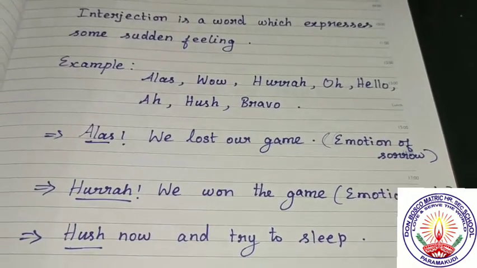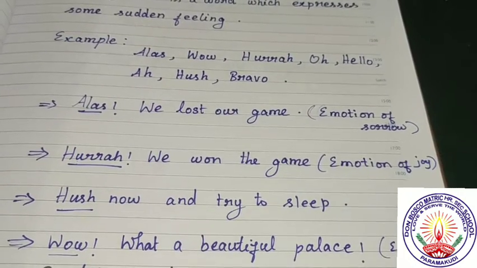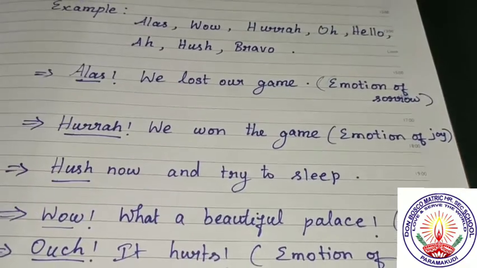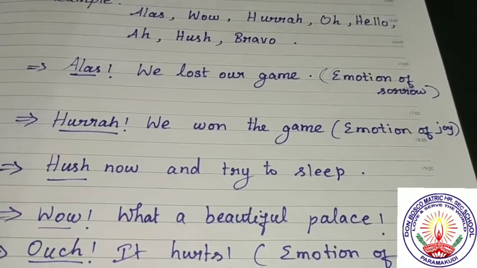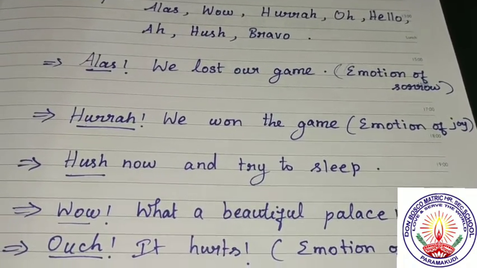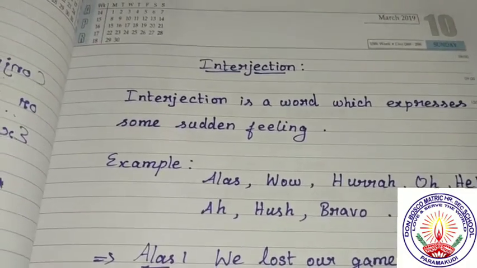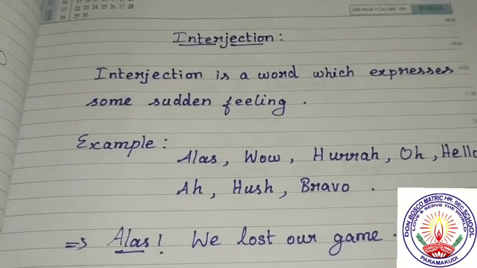Wow, what a beautiful palace. Emotion of surprise. Okay. Ouch, it hurts. We say ouch when it hurts, don't we? So that is the emotion of pain. Interjection is a word which expresses some sudden feelings.